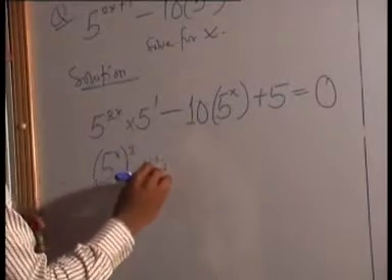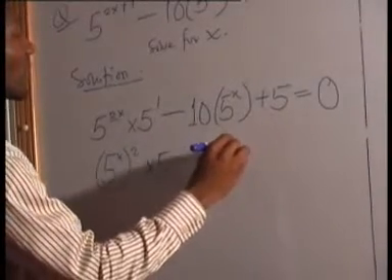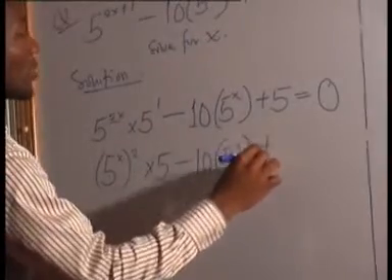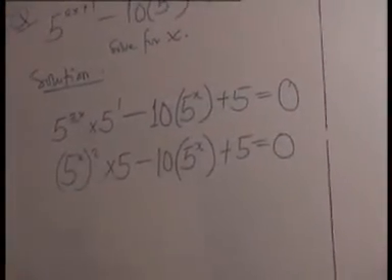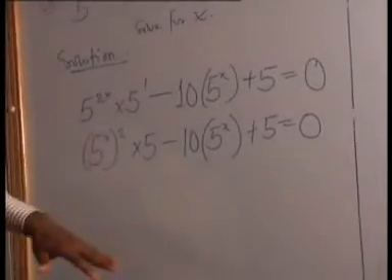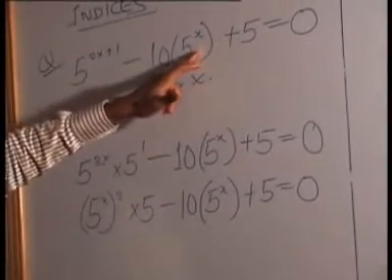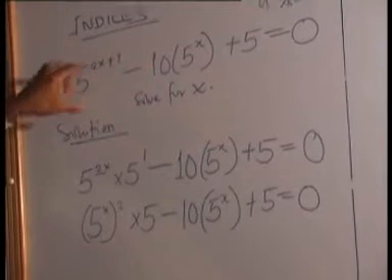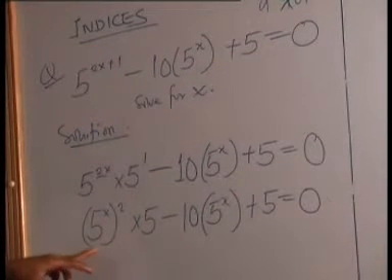So we have 5 raised to the power x squared, times 5, minus 10 times 5 raised to the power x, plus 5 equals 0. This is what I've been trying to do: I have 5 raised to the power x here, so I've been looking for a way to bring out 5 raised to the power x from this equation. And that's what we have achieved here.